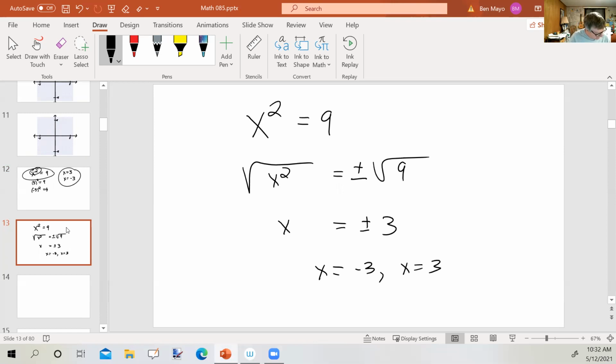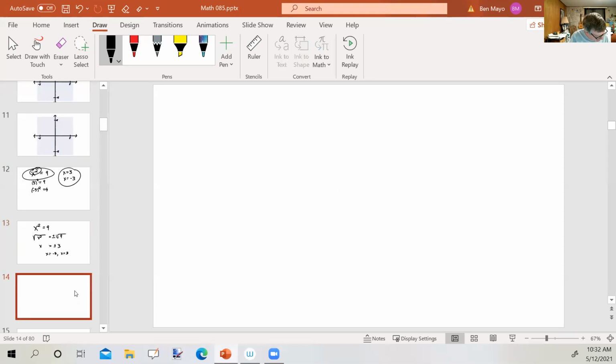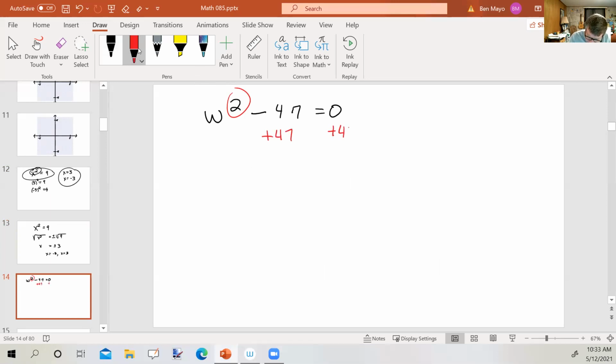Let's take a look at another example. W squared minus 47 equals 0. So here again, we have a second degree equation, but we want to isolate the square from the constant. So we're going to add 47 to both sides of the equation, and we get w squared equals 47.